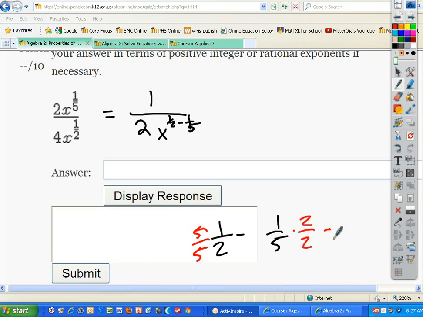And that's going to give me 5 minus 2 over my common denominator of 10, 3/10. Even with decimals, I could get here, couldn't I? 1/2 is 0.5, 1/5 is 0.2. What's 0.5 minus 0.2? 0.3, right? 3/10. Either way, I get 1/2 times x to the 3/10. That's my answer.